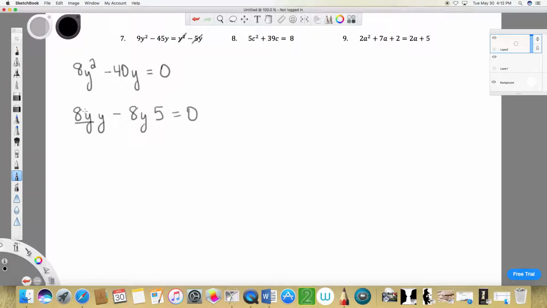You see that I have an 8y as a factor there. I can rewrite this 40y as 8 times y times 5. You can see I have an 8y as a factor there. That factor is common to both terms. If you factor out that common factor from each term, what you have left in the first term is y, and what you have left in the second term is 5.